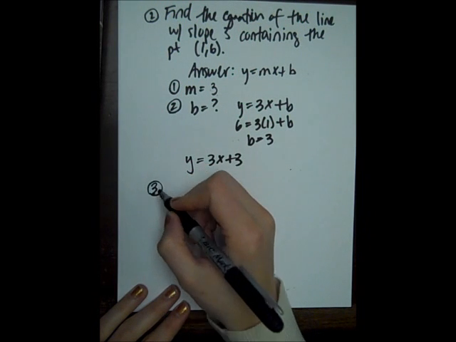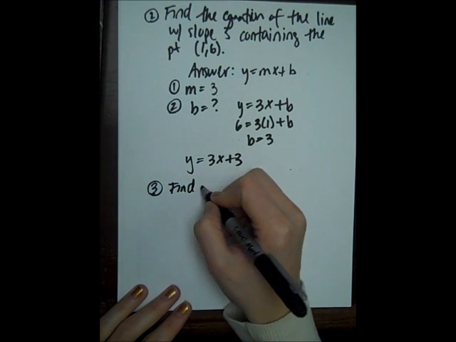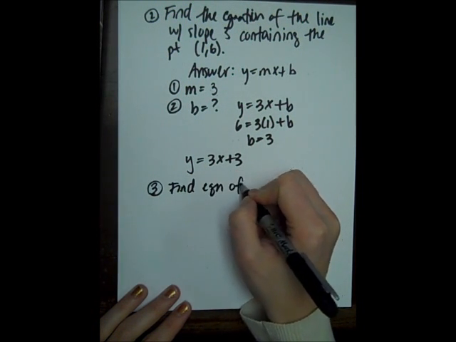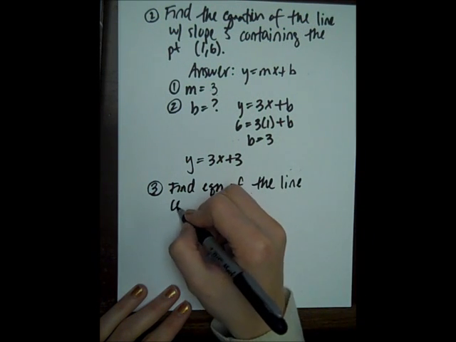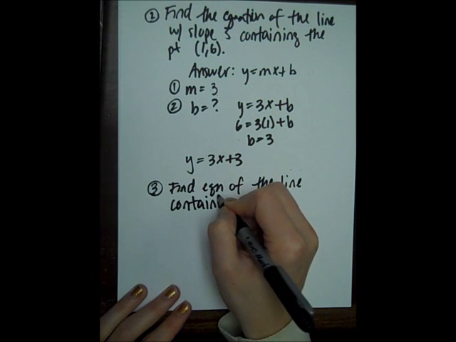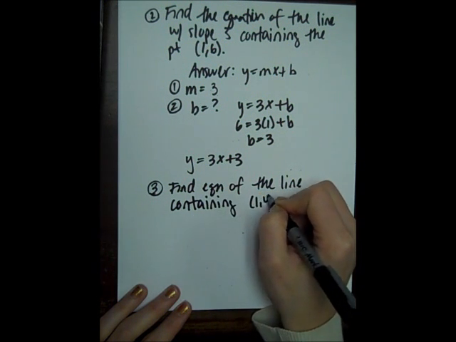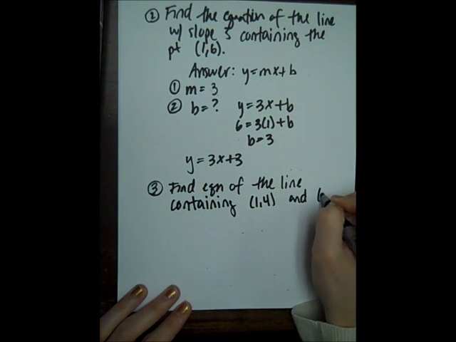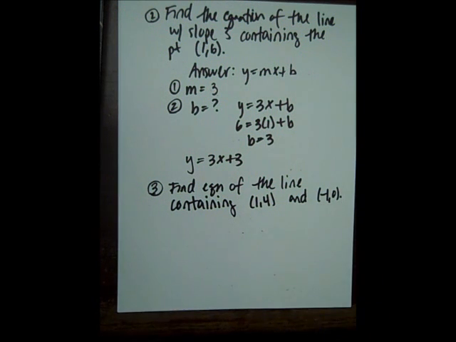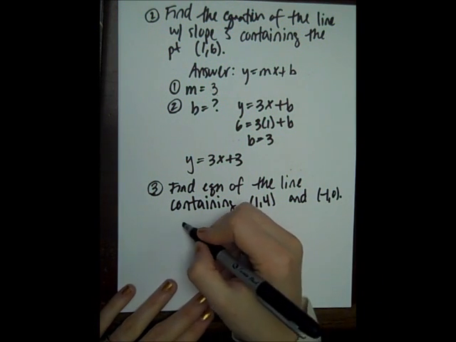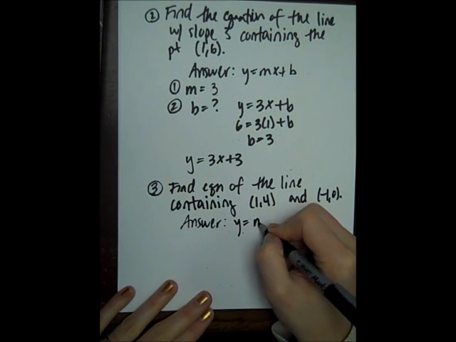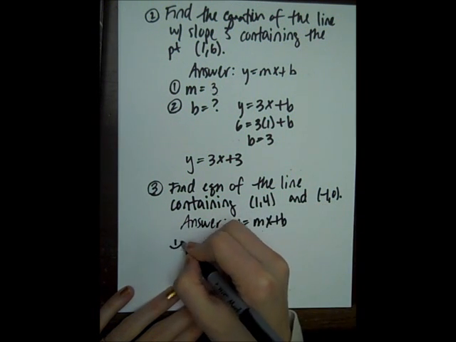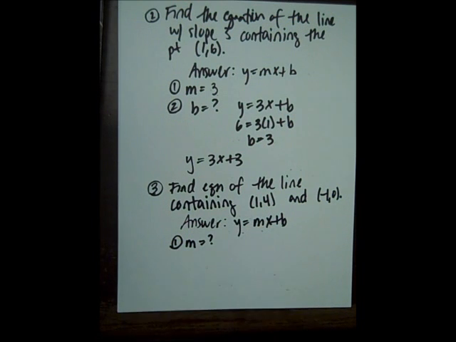Third example, let's find the equation of the line containing (1, 4) and (-1, 0). Again, we're trying to find the equation of a line, so our answer has to be of the form y = mx + b. First thing we've got to find is m. How do you find the slope between two points?